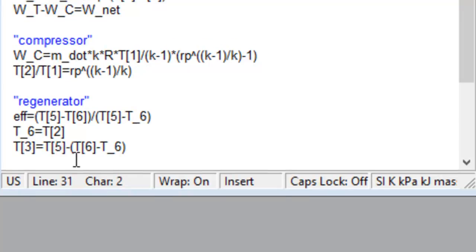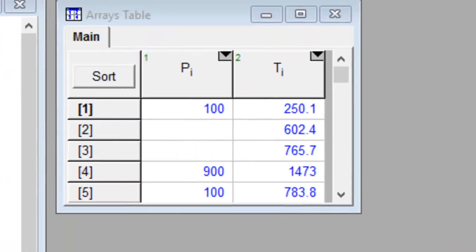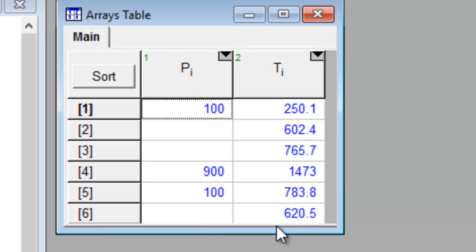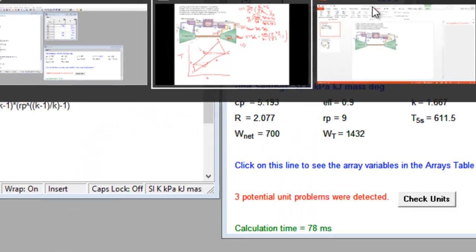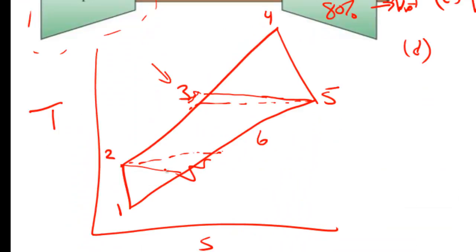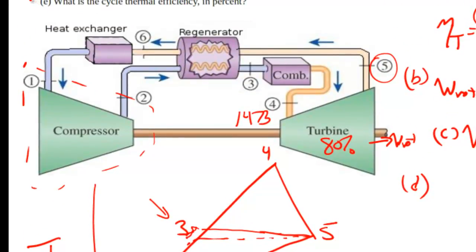So we can find out exactly what our T2s and T6s are in terms of that equation. Coming back to our diagram, I've got 6 as the actual point right there, and then this is the one I called underscore 6, which would be the ideal one.